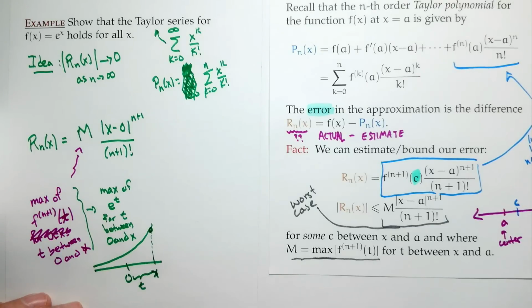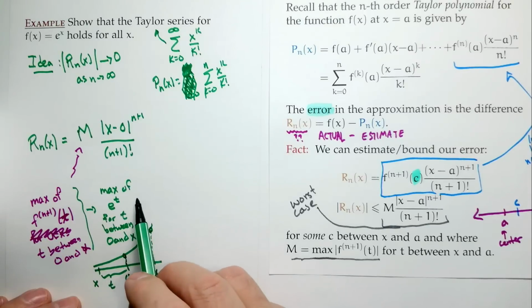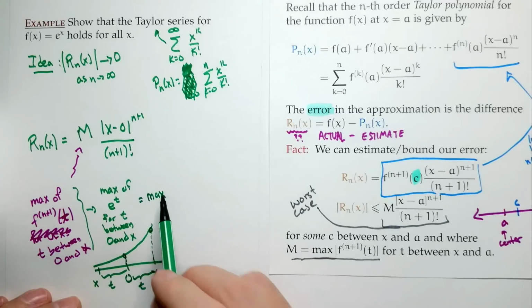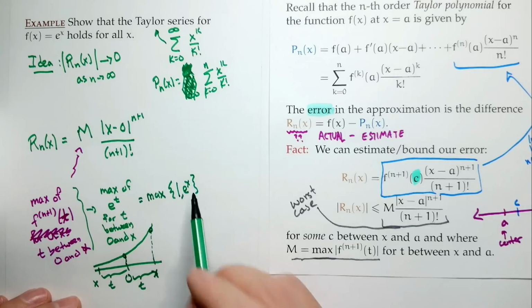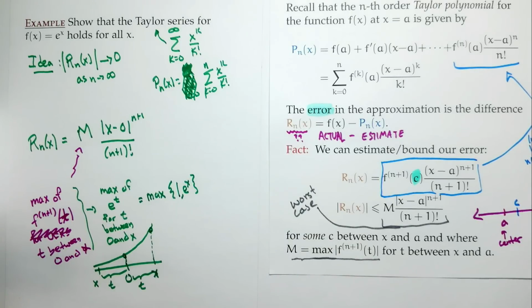So you might say, okay, that's it, e to the x, done. But be careful, because we didn't say x had to be positive; x could have been negative. If I'm in this interval, where's the largest value? Again, it's still to the right, because we're increasing. So t is somewhere between 0 and x. So what do we get? The max turns out to be the maximum of the numbers 1 or e to the x. Whichever one is larger, that's what M is.